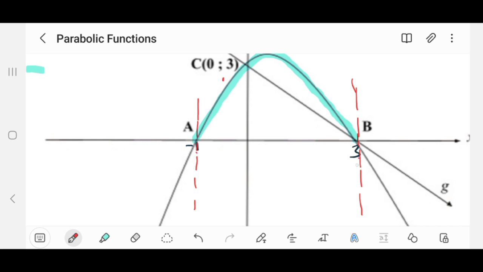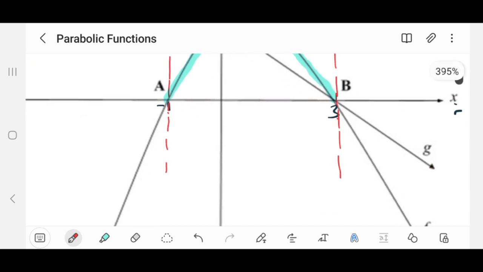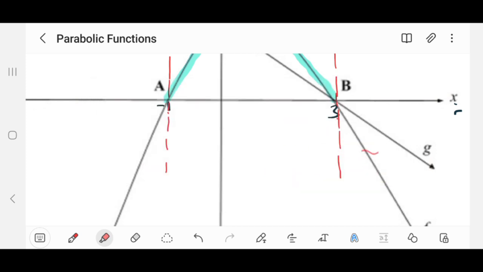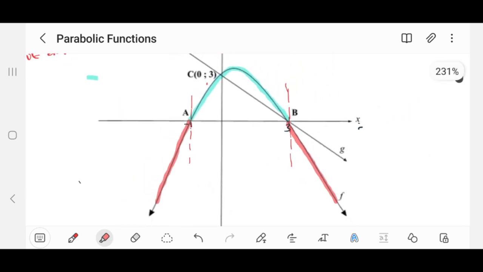So between -1 and 3, the function is positive. And then after 3, if you are going to 4, the function is negative, because it's within the negative region.